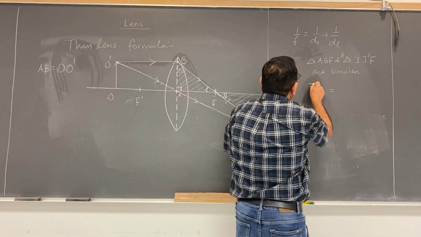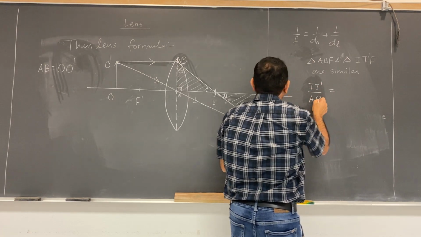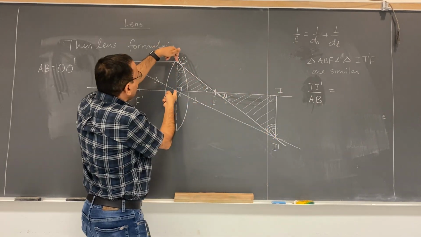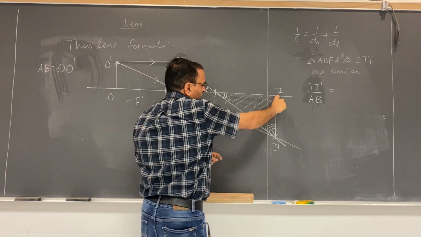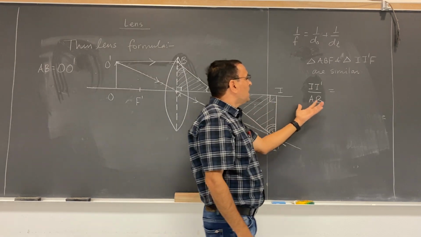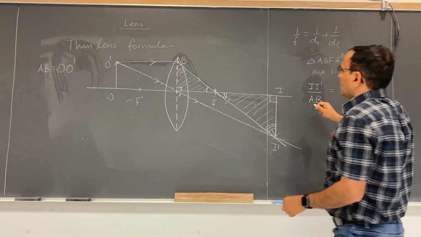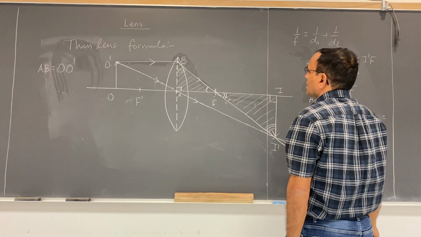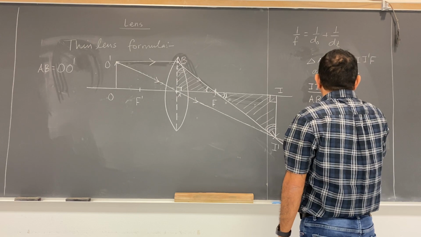It is better to write down I prime because it is image. This I prime, divide by this AB, because the angle opposite to this angle is I prime. Opposite to this angle is AB. So I prime divided by AB equals IF divided by AF.